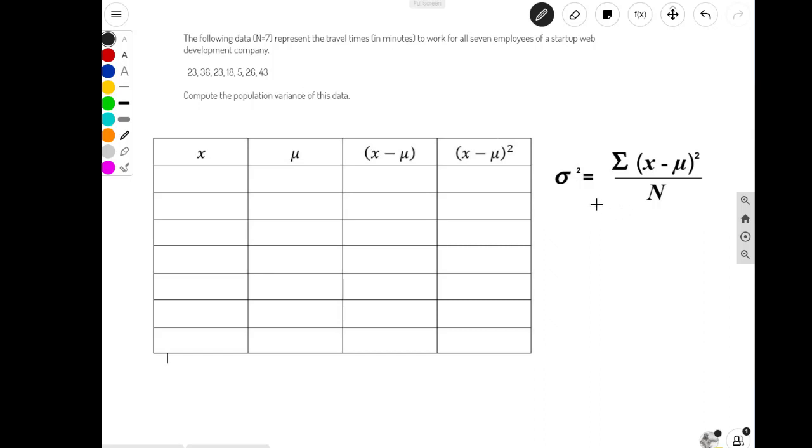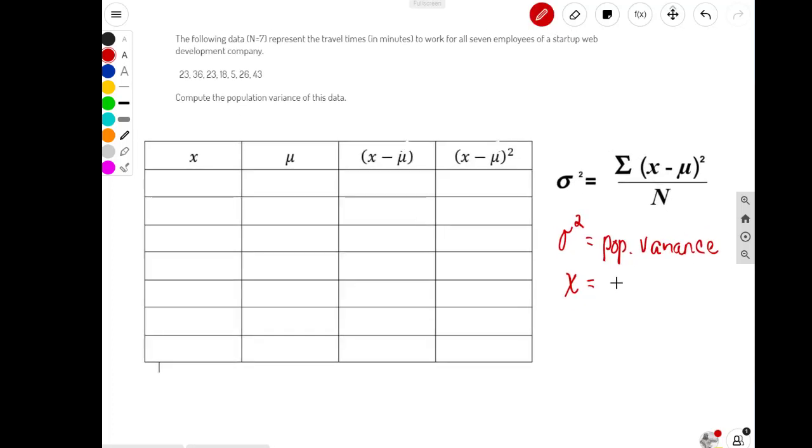Before we start, I want to discuss some of these symbols so that you can be clear on what they mean. The first symbol I want to discuss is this one that looks like a little cursive O with a square. This is sigma squared, and this means population variance. I'm just going to put pop variance. The X is the actual measurement, the data point, the raw data.